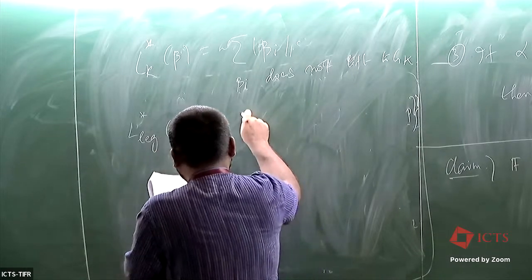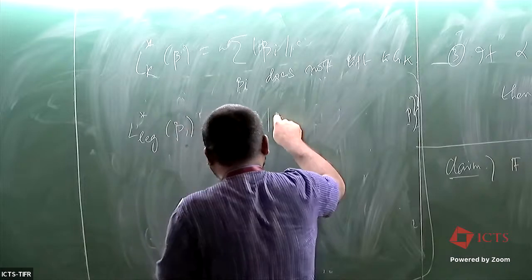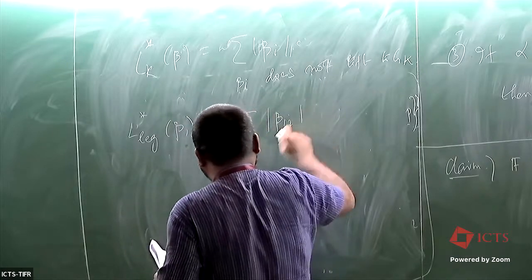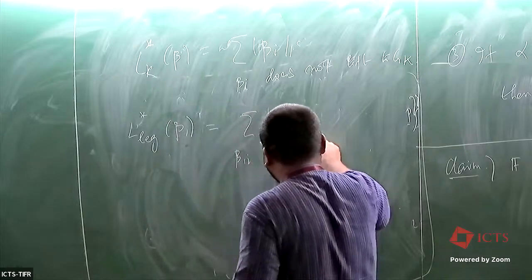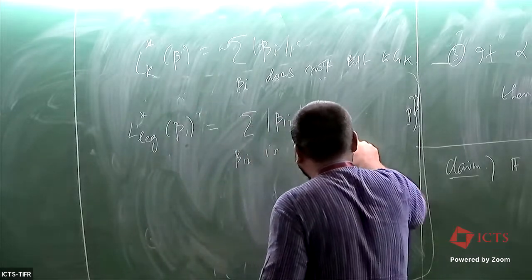This is equal to sigma of this beta, which is a sufficiently long leaf segment.